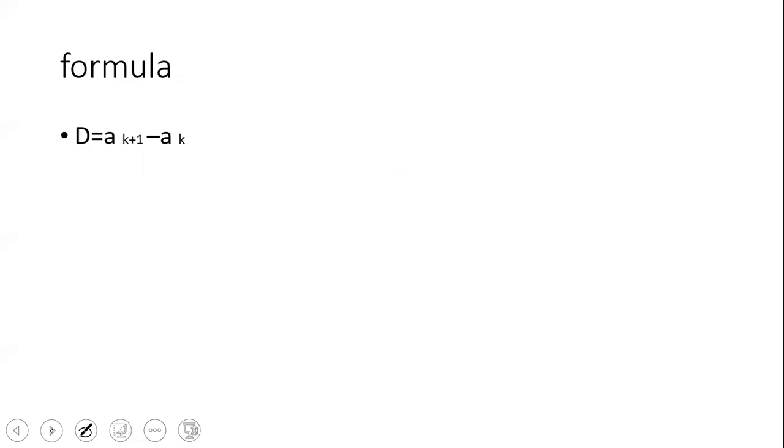In the general form of AP, A1, A2, A3 till AN, we have a simple formula.